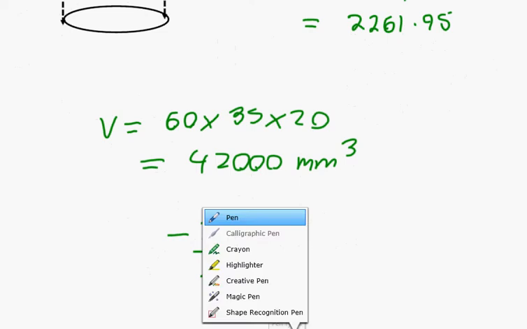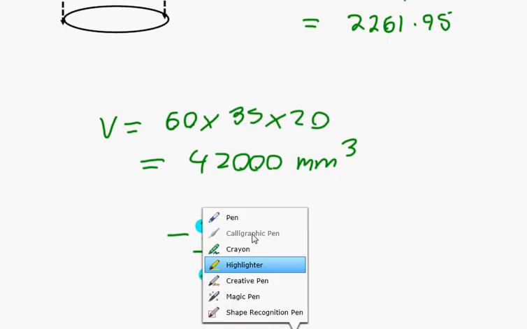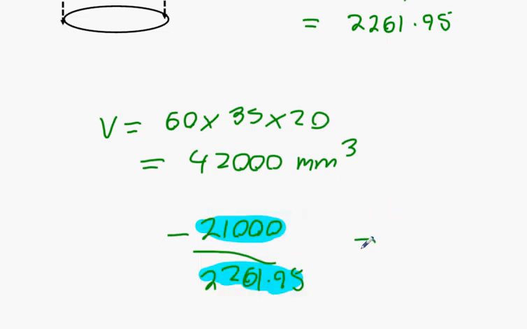2261.95. What I'm doing is dividing the volume of metal I have to remove by the size of chunks I'm removing at a time. What are the two numbers divided by each other? 9.284.